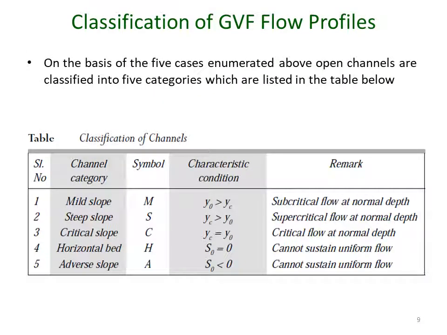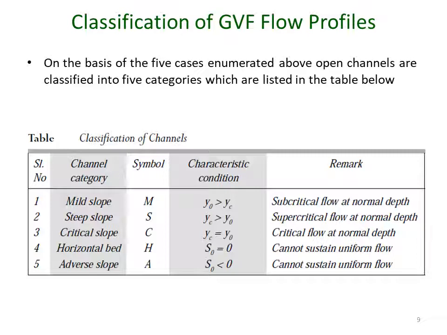Now this table shows that on the basis of the 5 cases enumerated in the last slide, open channels are classified into 5 categories, and those categories are based on the type of slope and the flow conditions.